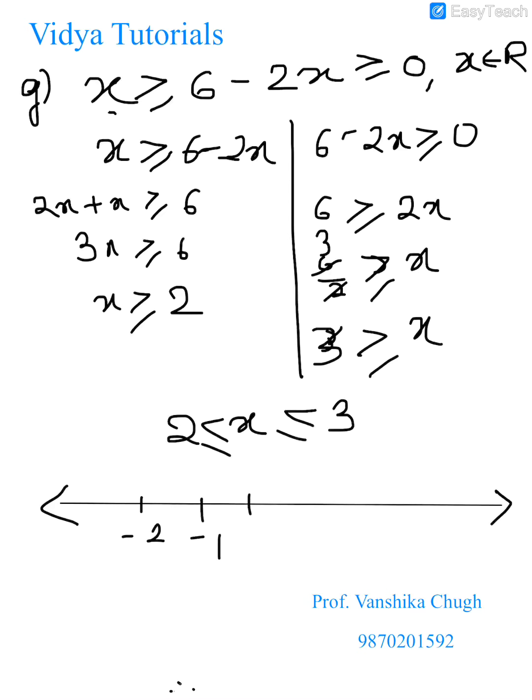So -2, -1, 0, 1, 2 and 3. So both are included, so I can just make a solid dot. You can make it right on the line and darken this line. You can also show some more values, and also the other way was you could have just done straight lines, and shaded the portion.